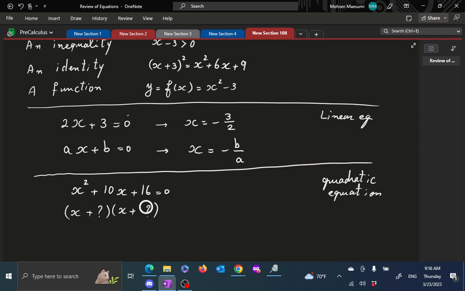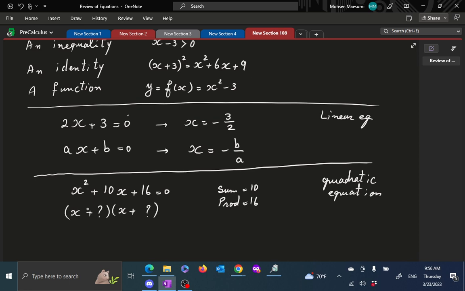Well, whatever they are, when you multiply them, you are supposed to get 16. This times x and that one times that x means the sum of these two has to be 10. We look for two numbers such that the sum has to be 10 and the product has to be 16. So we do that by trial and error.